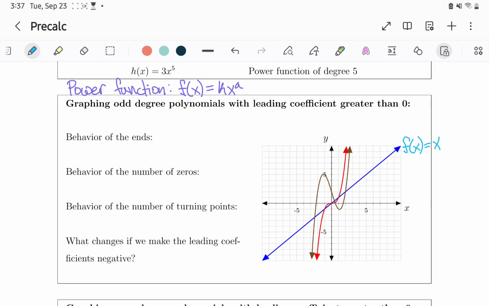We can see from all three of these graphs that as x goes to plus infinity, the values of our polynomial functions f of x are also going to infinity. So as x goes to infinity, f of x goes to infinity.